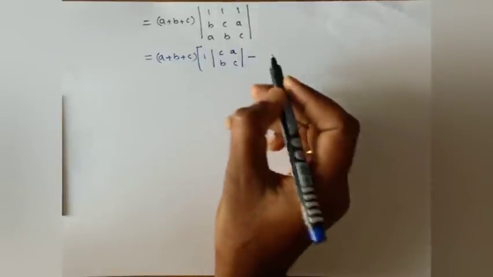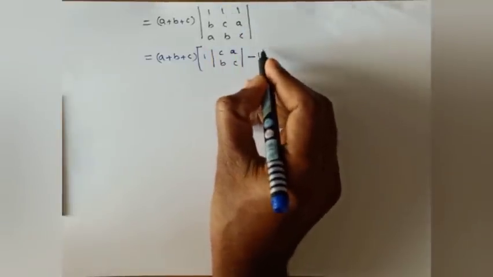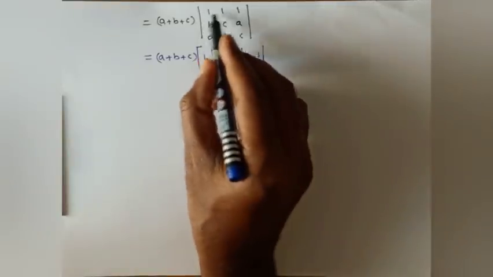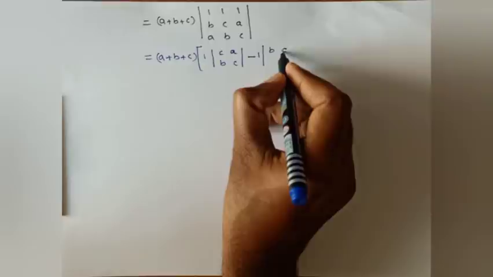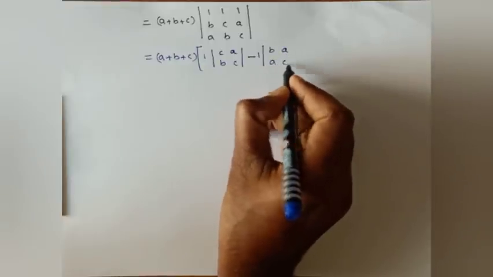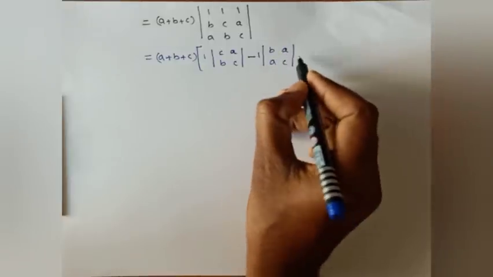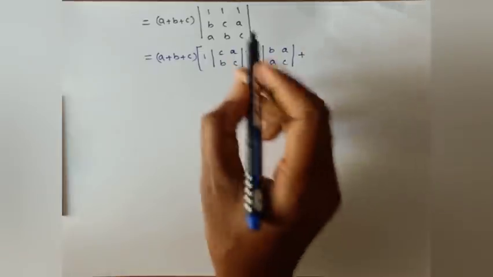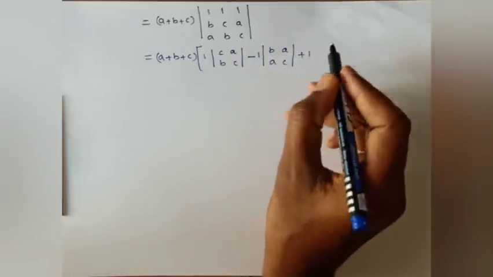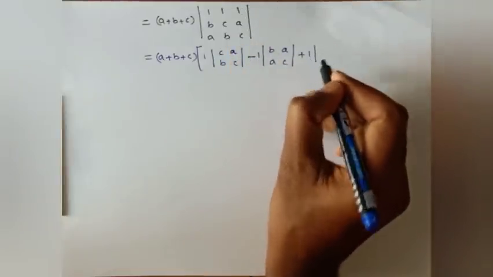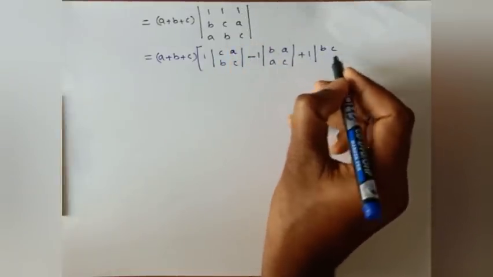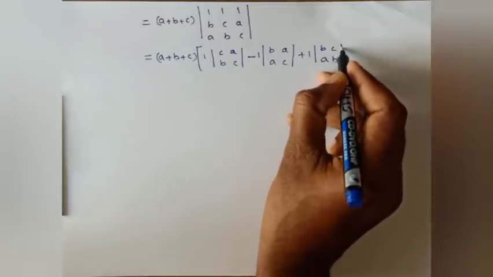The next sign is minus, here the element is 1, and by deleting this row and column we get a minor, right? So that is b, a, c. Plus, the sign is positive, the element is 1. By deleting this row and column, the 2 by 2 determinant is b, c, a, b.